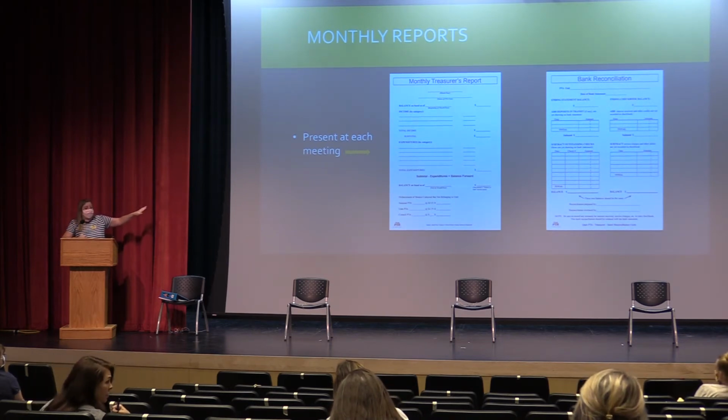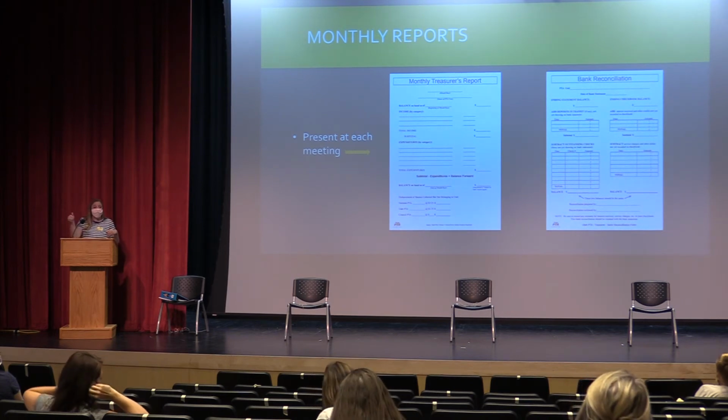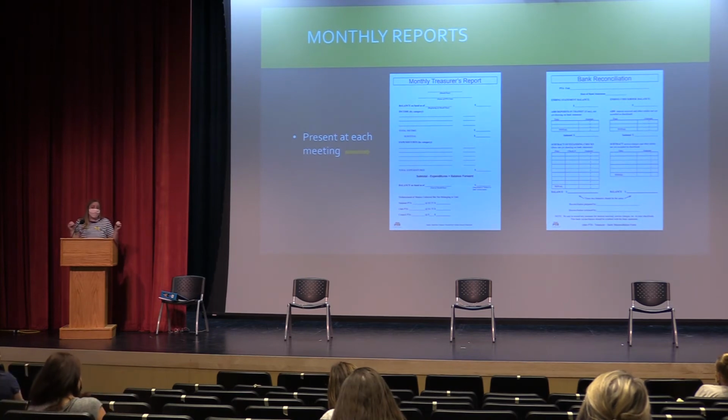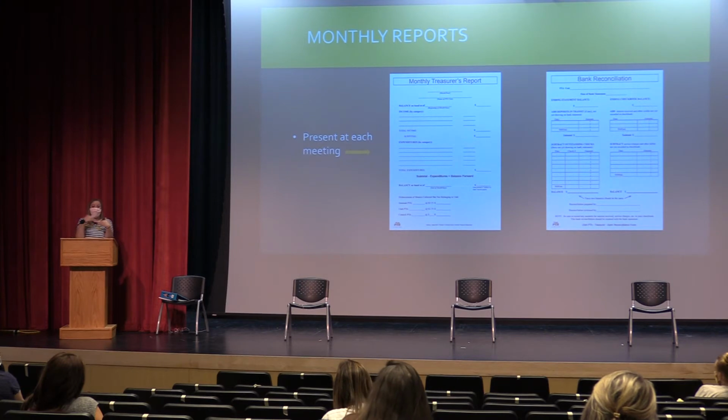This you do every month, and it's a way to keep track of: have they cashed their checks? Did I write this check that no one cashed? What has actually gone through at that point? So that at that given point in time, you know exactly the amount of money in your bank account. Not the amount of money you've written checks for, but the amount that has happened in real life. And that helps you keep track of when you've written a check and someone has lost it or forgotten to cash it.